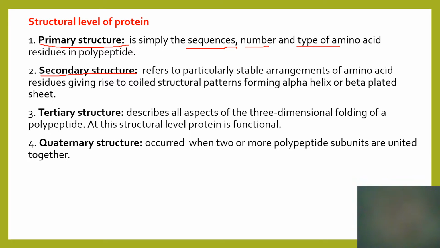Therefore, as secondary structure, the arrangement will be either in the alpha helix structure form, or it may be in the beta pleated sheet form.